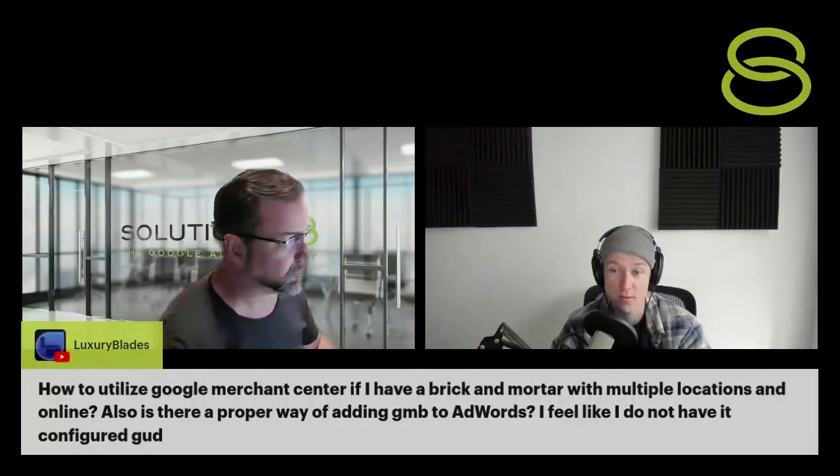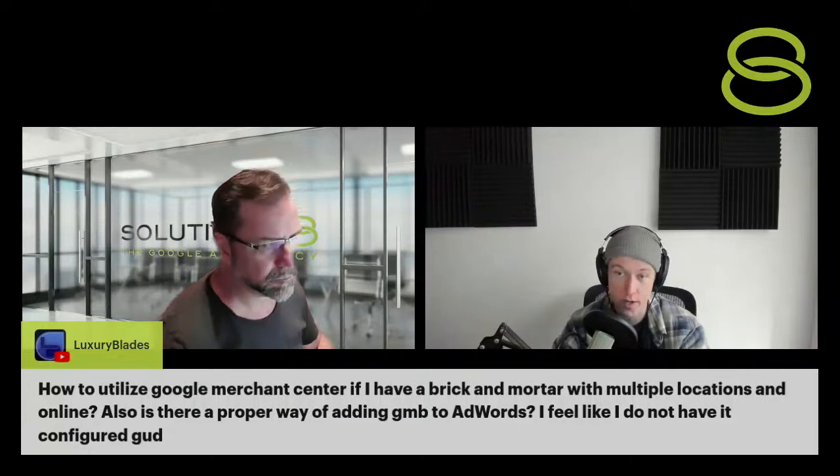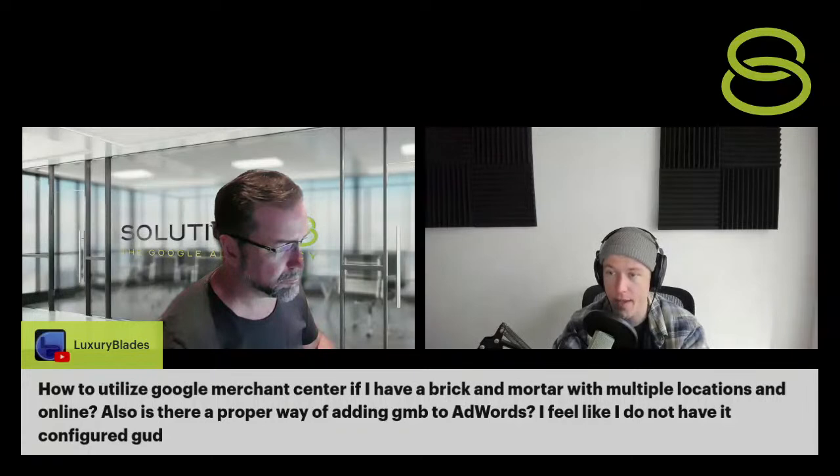This is brand new information, but we've seen it as a potential for people who have a GMC connected to their Google Ads account and a brick and mortar, but are trying to get online sales as well. That might be a good option for you. But like I said earlier, prioritize the in-store pickup and the inventory you can do with that.